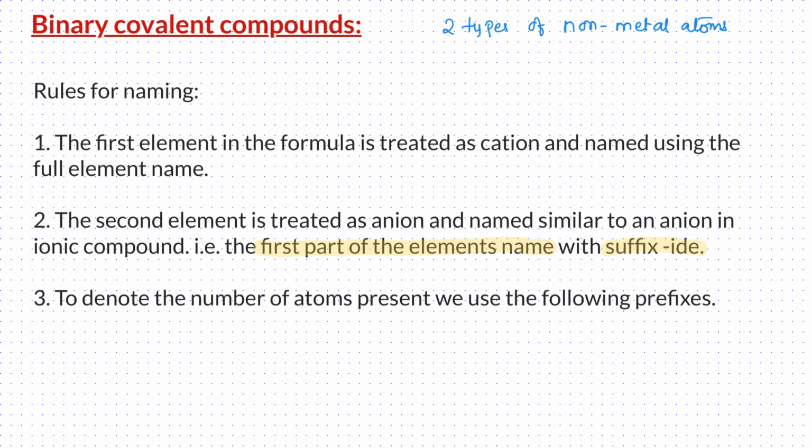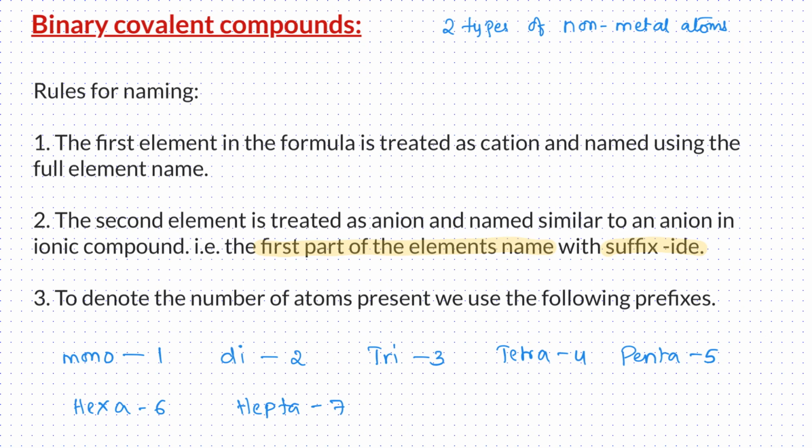3. To denote the number of atoms present, we use prefixes. The following are the prefixes that we use. Mono represents 1 atom, di represents 2 atoms, tri represents 3, tetra means 4, penta is for 5, hexa is for 6, hepta is for 7, and octa is for 8.